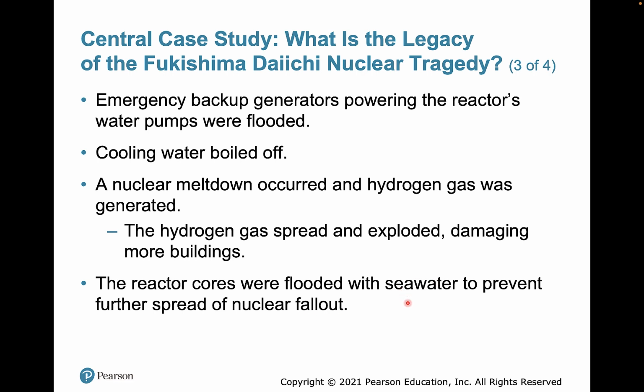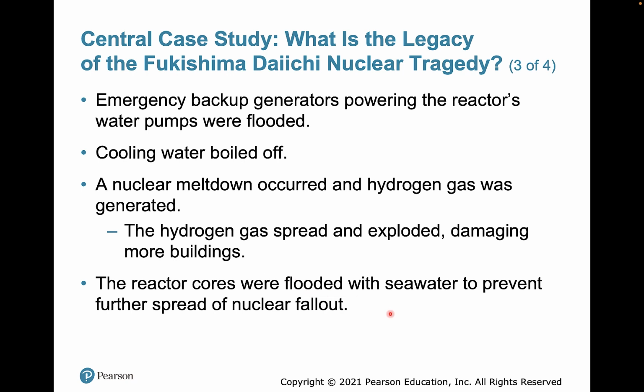This is what happened. The backup generators didn't work because they were flooded. That cooling water started to boil off. You had a meltdown that happened, so that produced hydrogen gas. It spread and exploded, which damaged more buildings.